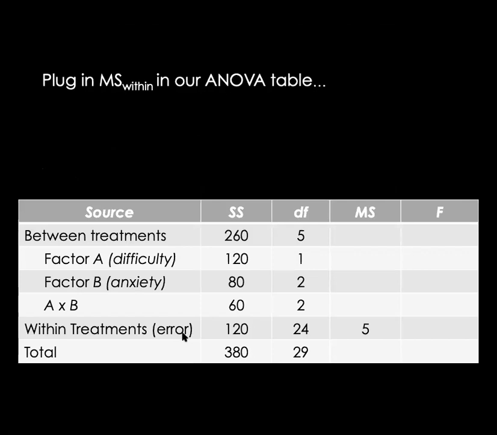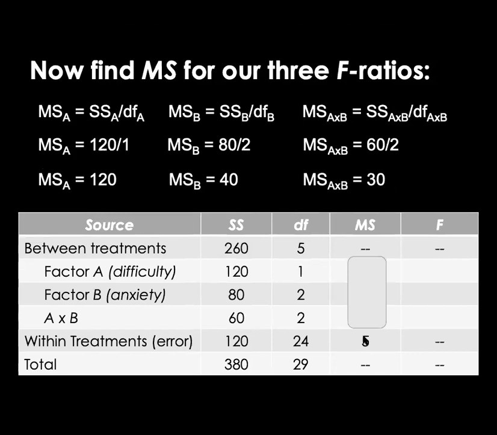I'm going to plug in the mean squared within into the ANOVA table. So I just computed this, going to put it in our summary table there. Now we're going to try to find the mean squared numerators for our 3 F ratios. So mean squared A is simply sum of squares A divided by degrees of freedom for A. Same with B, mean squares equals sum of squares divided by degrees of freedom. Same thing for the interaction term.